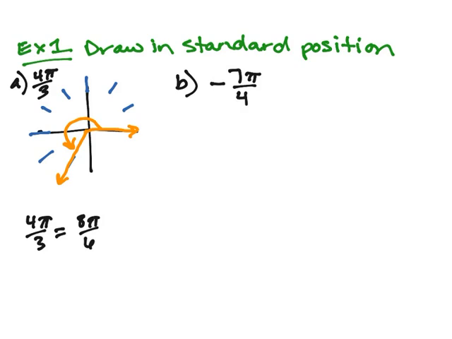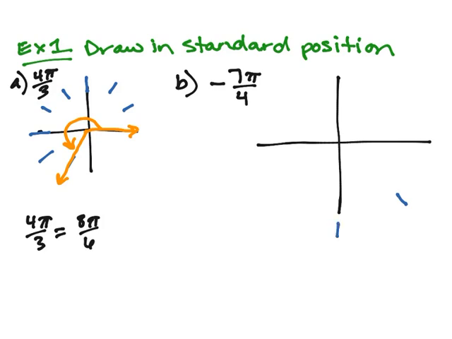All right, let's try negative 7 pi over 4. This means we're going to rotate in the clockwise direction, and we're going to count backwards by fourths. Okay, so if I'm going by fourths, but I'm going backwards, this would be negative pi over 4.